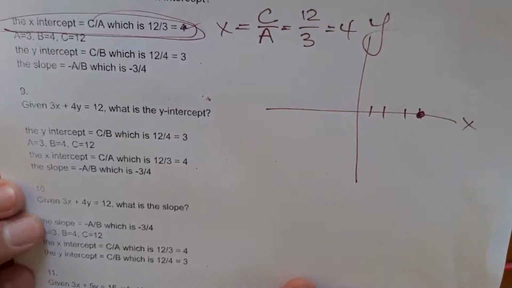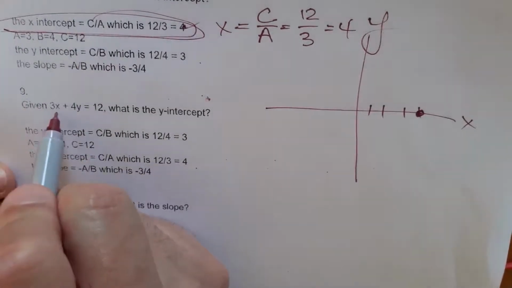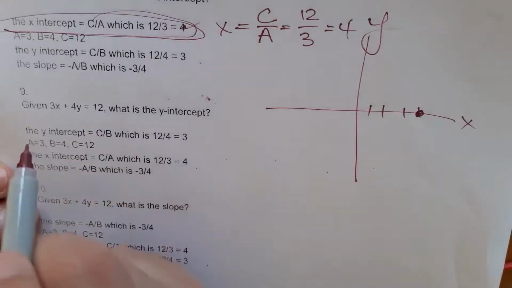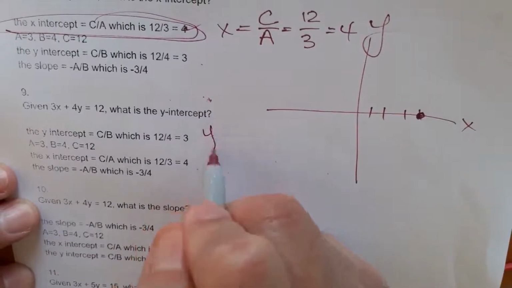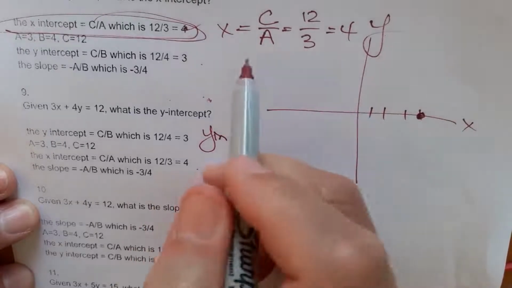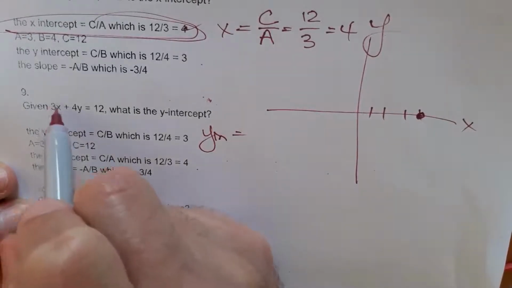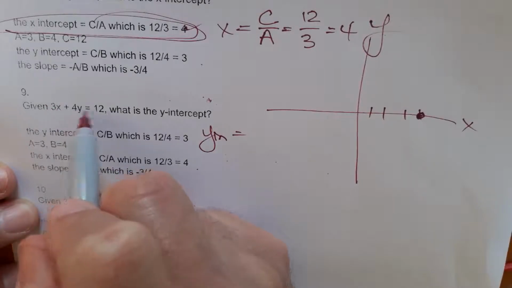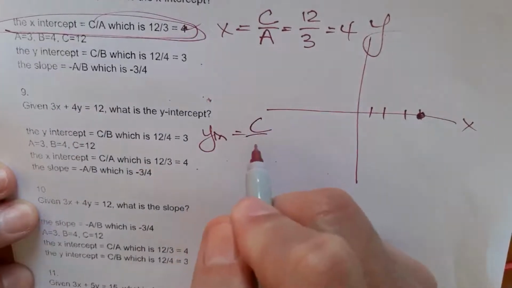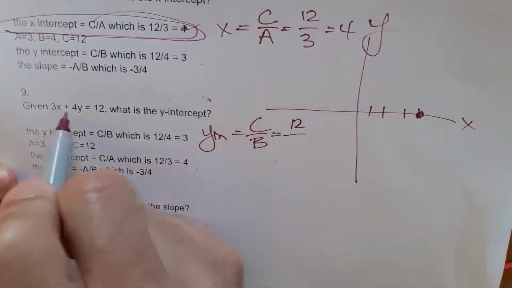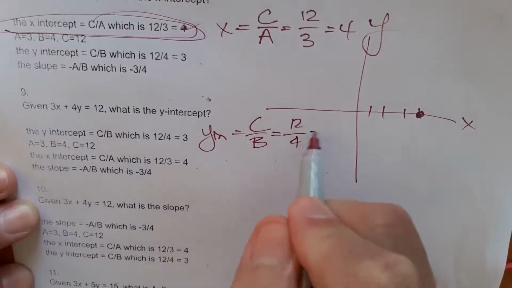Keeping the same equation, 3x plus 4y equals 12, what is the y-intercept? We know that the y-intercept is equal to c over b. C is 12, b is 4, so 12 divided by 4 is 3.